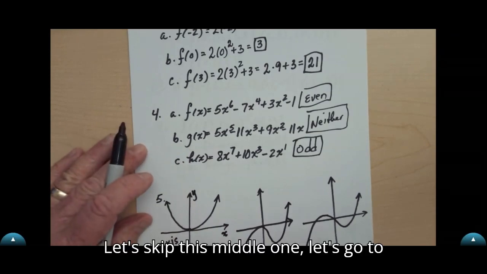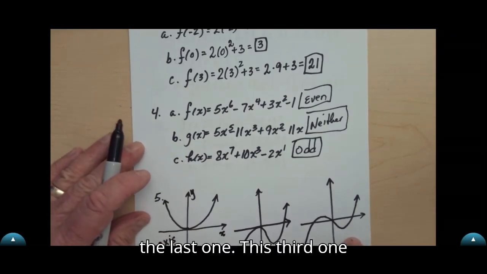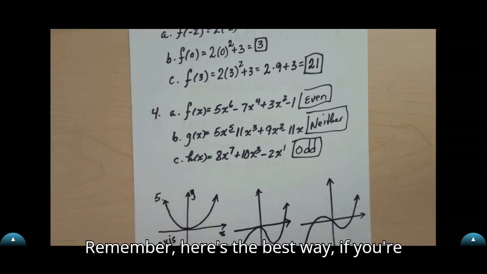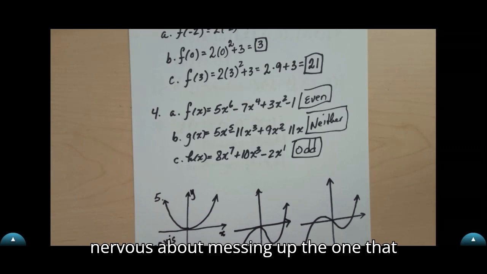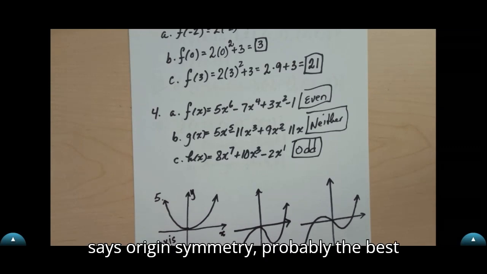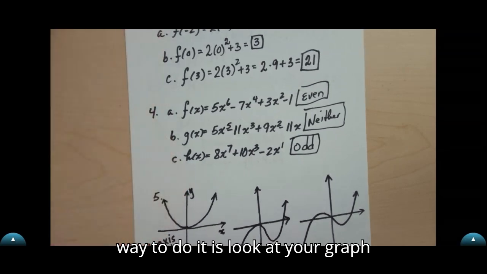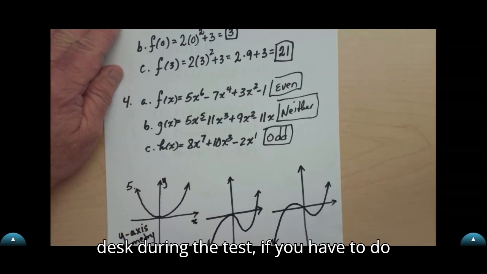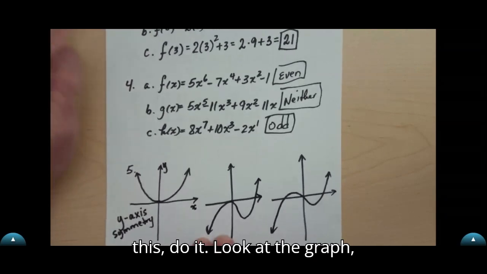Let's skip this middle one. Let's go to the last one. This third one is origin symmetry. Remember, here's the best way if you're nervous about messing up the one that says origin symmetry. Probably the best way to do it is look at your graph, and even if you have to do it at your desk during the test, if you have to do this, do it.